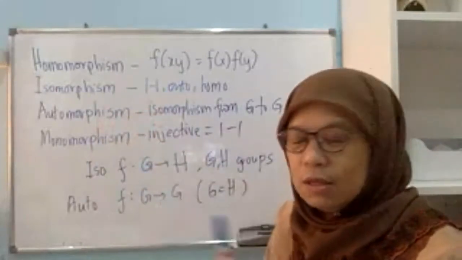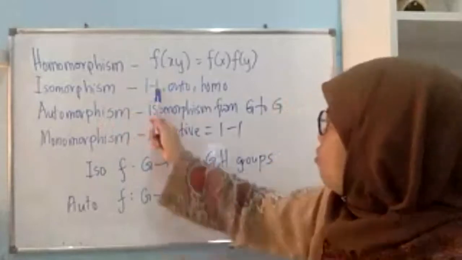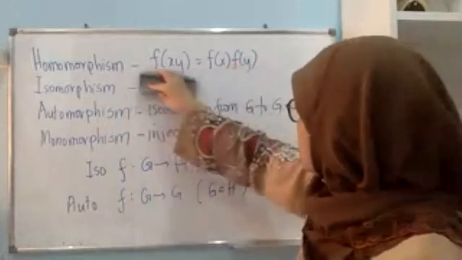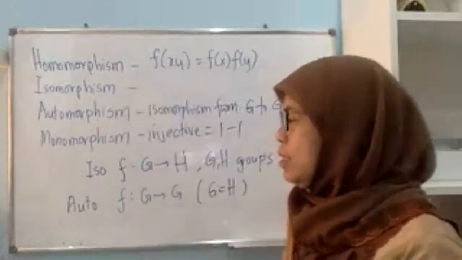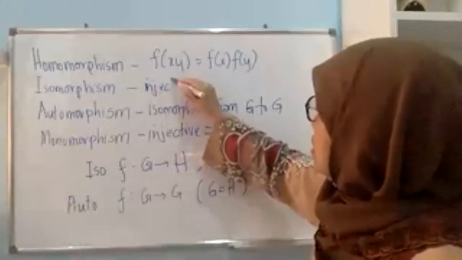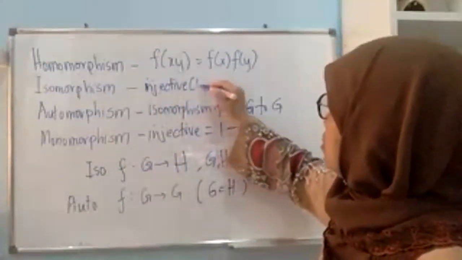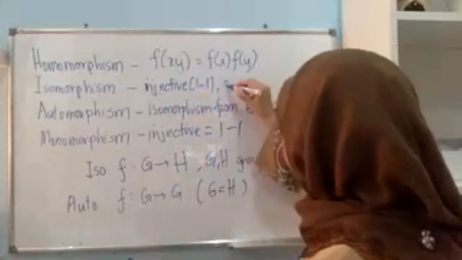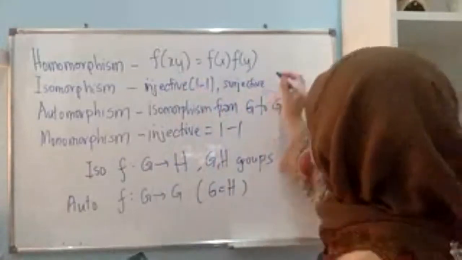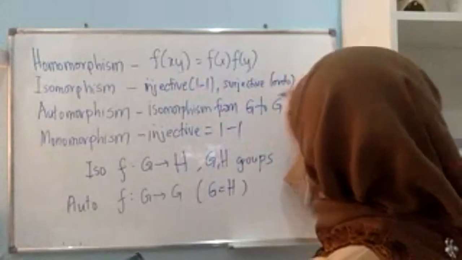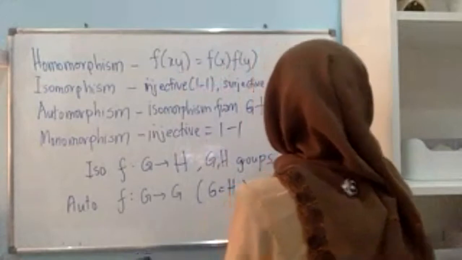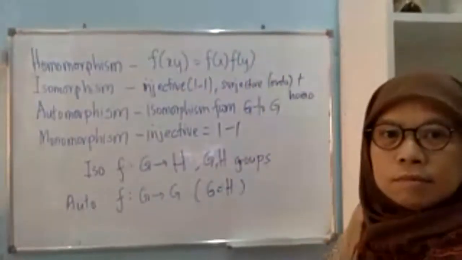Okay, so these are the words that you have to know. Instead of one-to-one, there is another word which is injective. This is one-to-one. Surjective. This is onto. Plus homo. Okay?